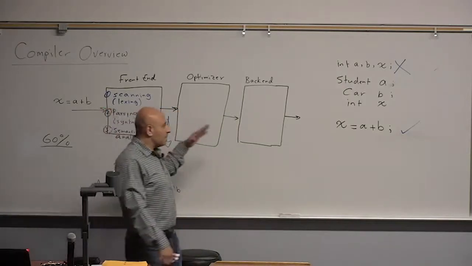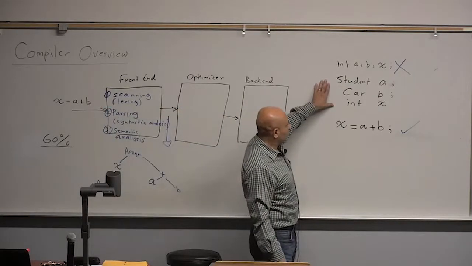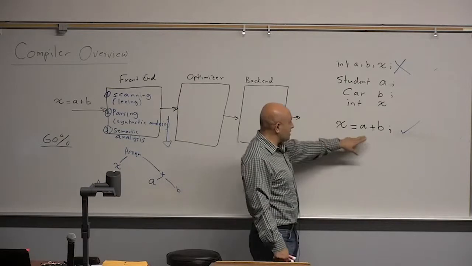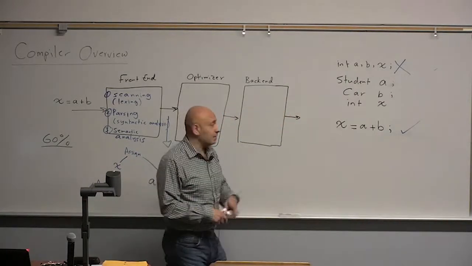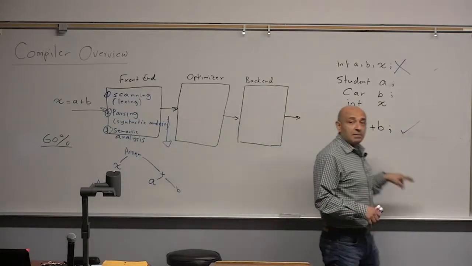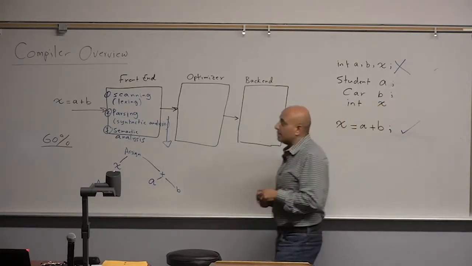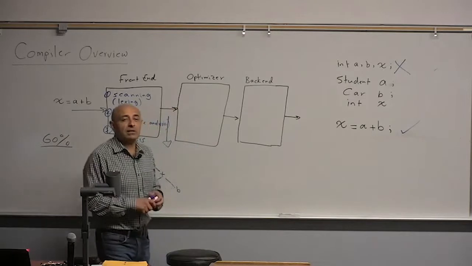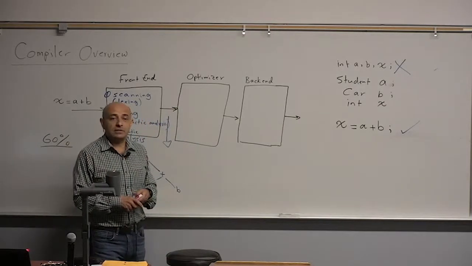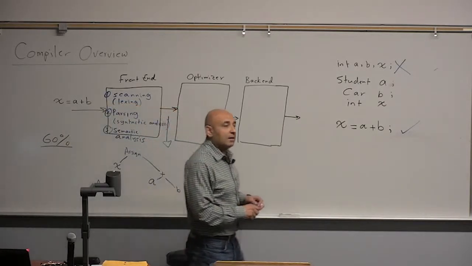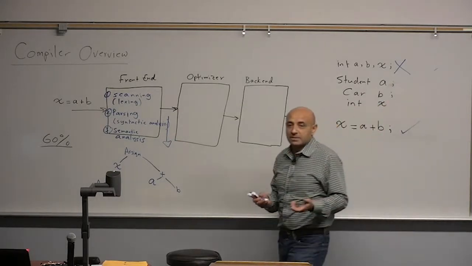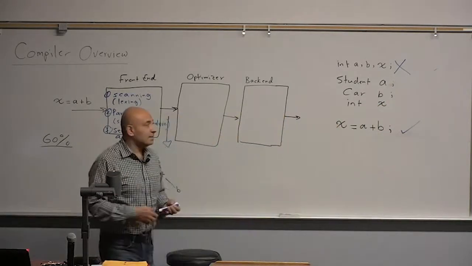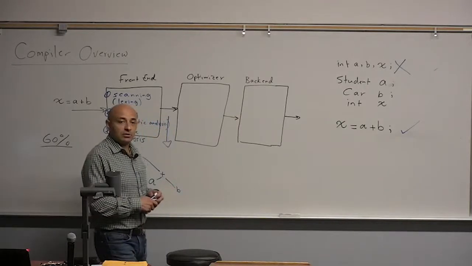So here, the types do not match, which means that this statement is syntactically correct, but semantically it's not meaningful, which means that the compiler will not know how to generate code for this. The compiler can generate code only for meaningful statements. If the statement is meaningless, it will not be able to generate code for it.